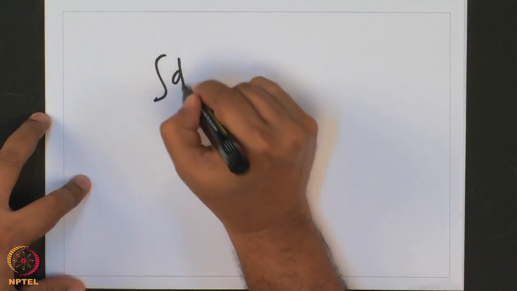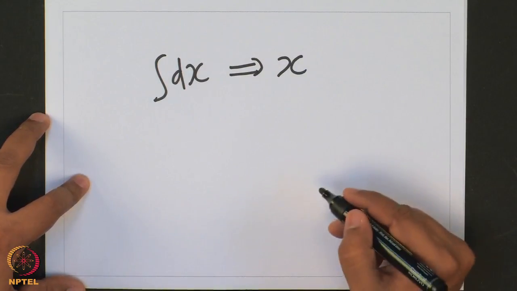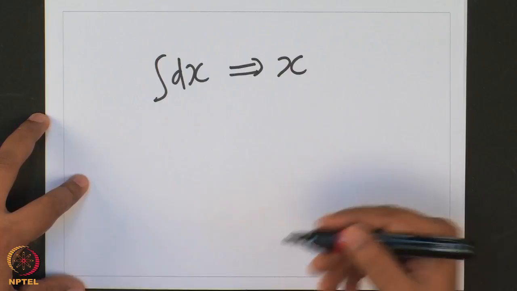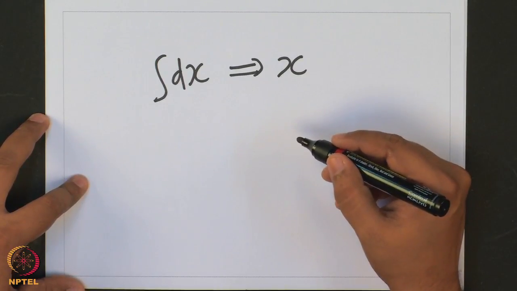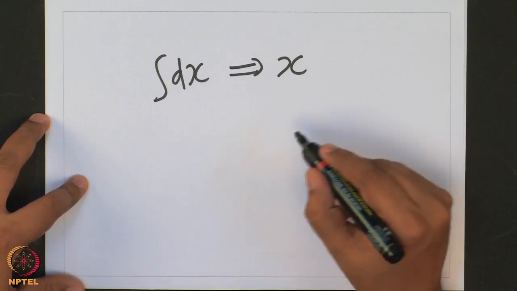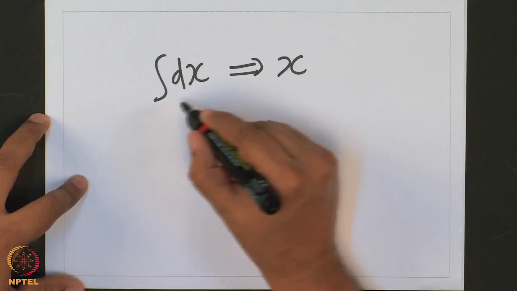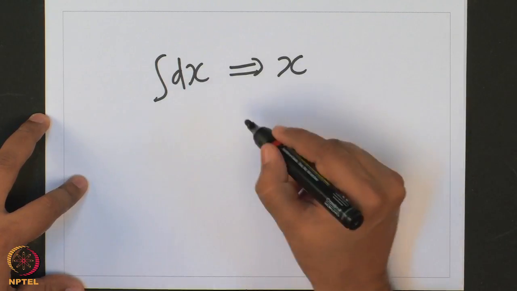There are some questions that might come to your mind. When we say the integral of dx is x, what does that mean? We will think about this later in the course, but this is something you should know: if you integrate dx, you get x.